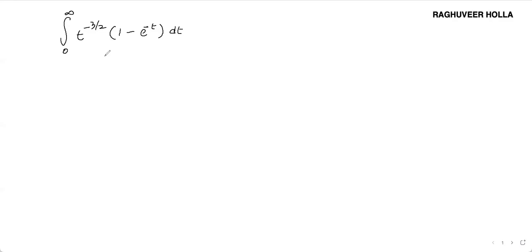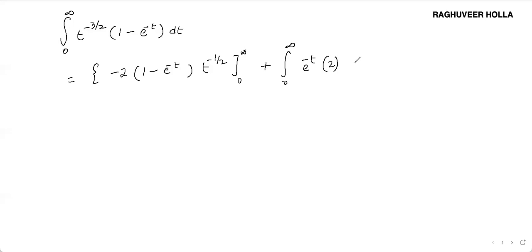So this will be, in brackets, minus 2 multiplied by (1 minus e to the power of minus t) and t to the power of minus 1 by 2, from 0 to infinity, plus the integral from 0 to infinity of e to the power of minus t into 2 t to the power of minus half dt.